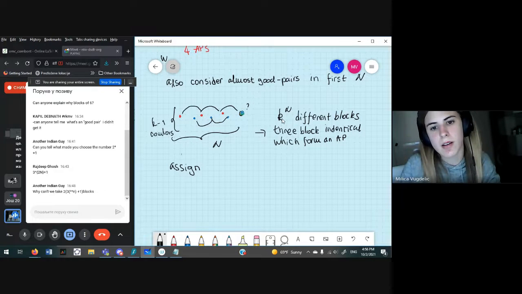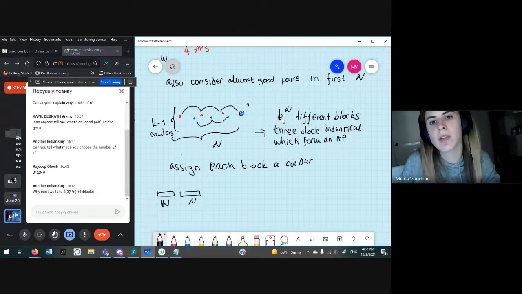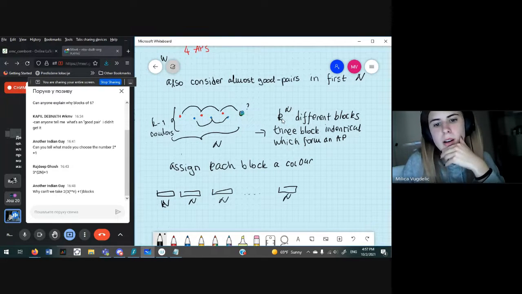Assign each block a color. So depending on what it looks like, just assign it a color, it doesn't really matter. And then color every block of n, starting from 1.